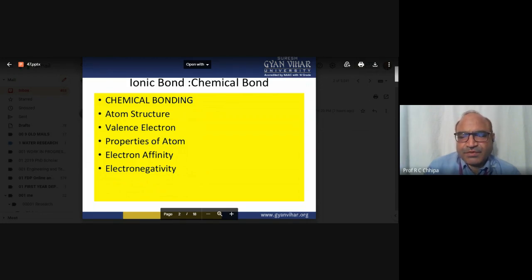In the case of covalent bonding, electrons are shared, so the octet is complete. One more thing is how we can arrange those electrons in an atom.